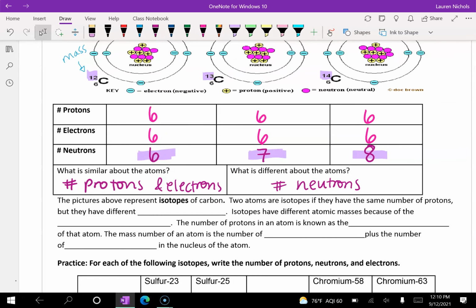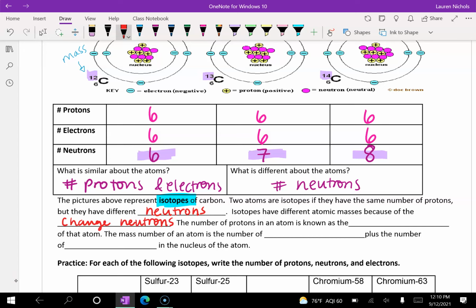So these pictures represent isotopes of carbon. And so 2 atoms are isotopes if they have the same number of protons but different neutrons. And so isotopes have different atomic masses because of the change in those neutrons, because if you change the neutrons, you change the mass.